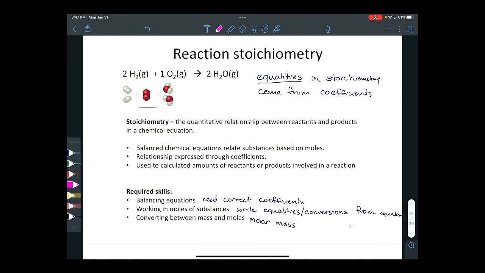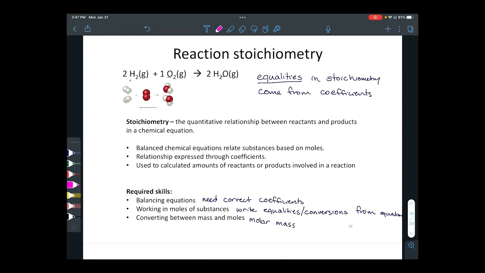Reaction stoichiometry. At the beginning of this chapter, we talked about balancing reactions. Those coefficients have meaning. That's what stoichiometry is: using those coefficients to figure out how much reactant you need and how much product is made. The big idea is you need to be in the unit of moles in order to use the coefficients on a balanced chemical equation.